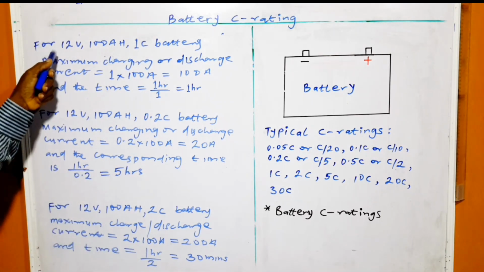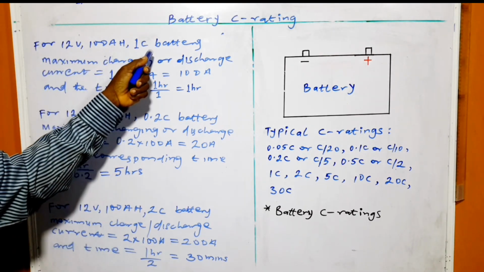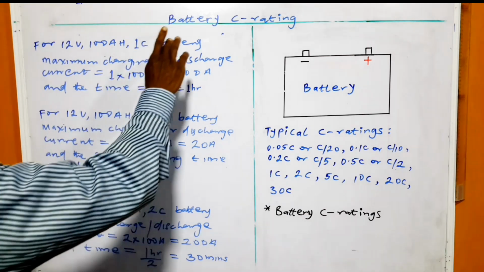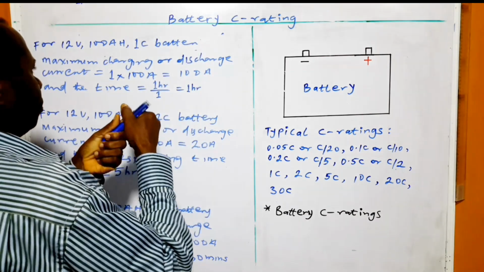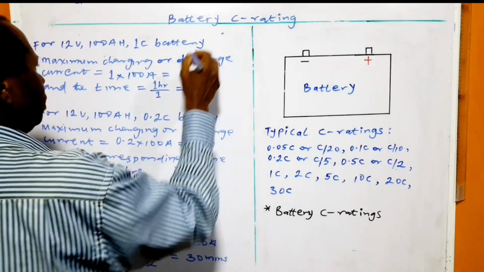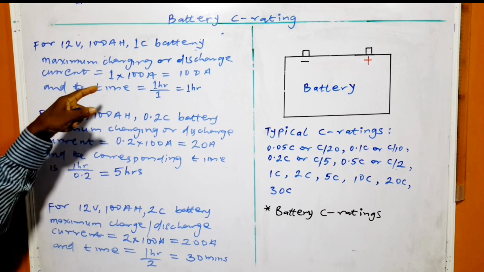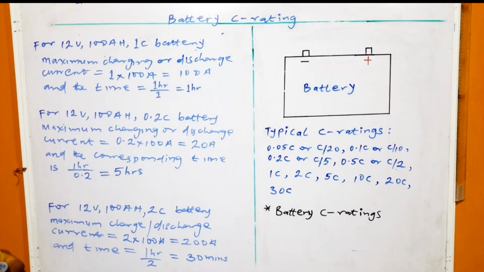Alright, now for a 12 volts 100 ampere hour 1C battery, maximum charging or discharge current is equal to 100 ampere and the time is 1 hour.